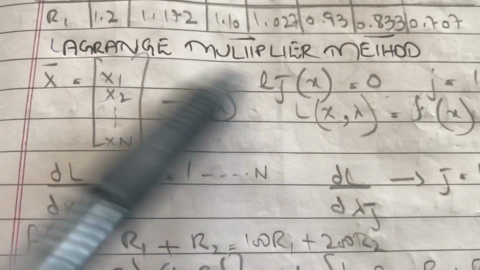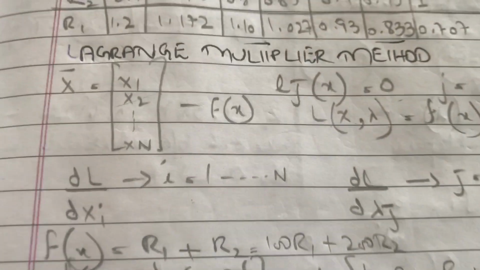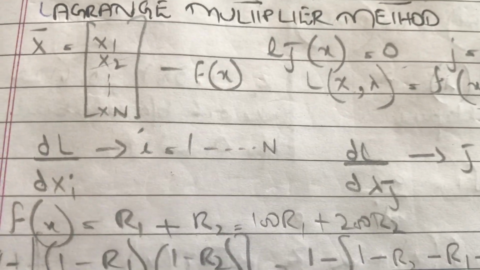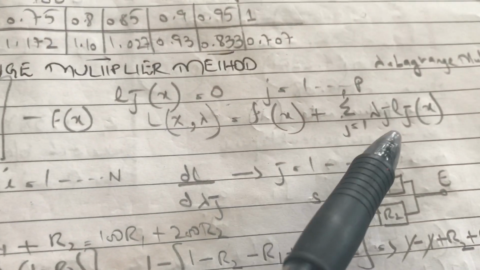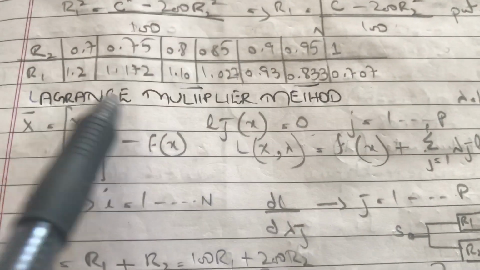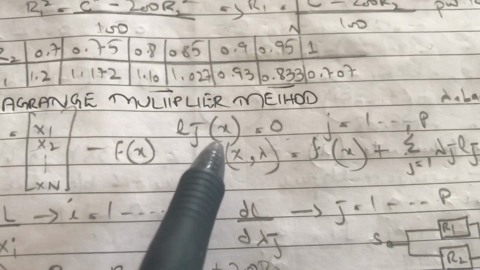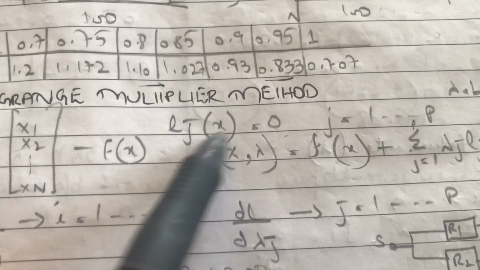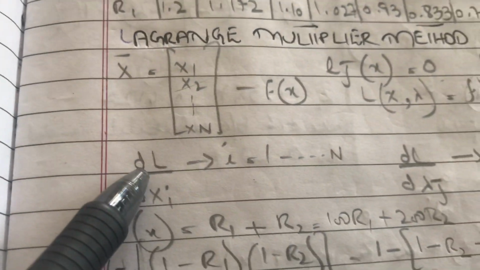So how are we going to find this? We are going to find our reliabilities. Now we have this equation, and as I have told you, this is the way of writing the Lagrange multiplier, the joint function of this. Okay, now what's next?